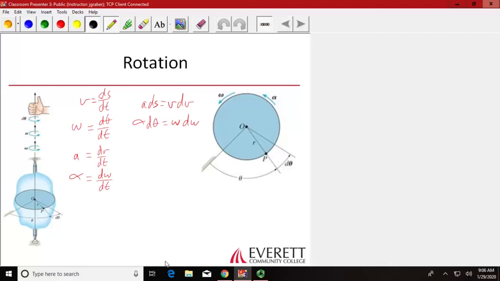Positive rotation is the way your fingers curl. Negative. This is how I always remember it. Negative rotation, if you bend your fingers back, ouch, that hurts. That's negative. That's how I always remember it. So you got your thumb up. This is d theta, change in theta, acceleration, omega are all in the same direction. If you have a negative alpha or omega, it just means you're bending your fingers backwards.